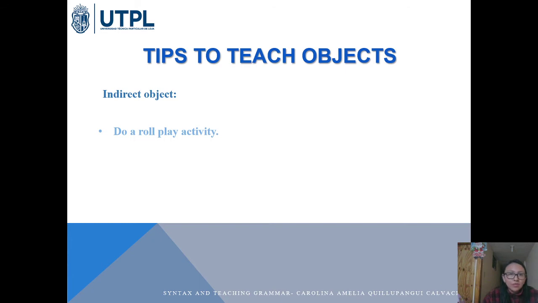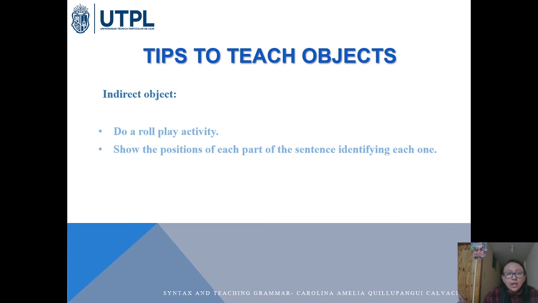So you need two persons to interpret a situation, act on it, and use the indirect object. As a teacher, you write on the board the sentences that the students use for this activity, and then they also identify the indirect object. This is so easy for the indirect object.